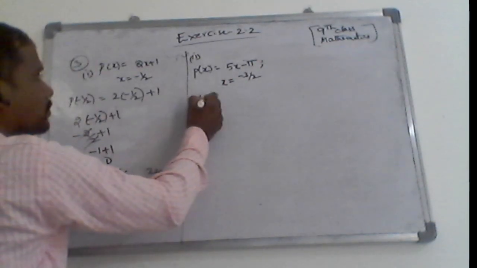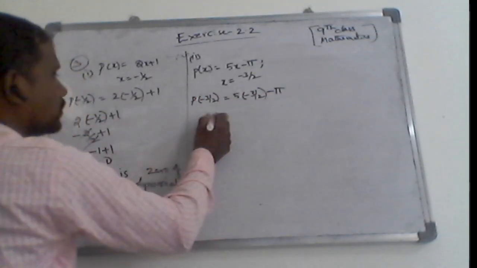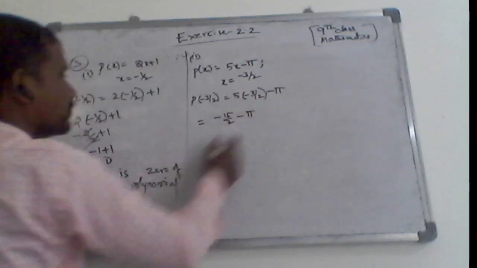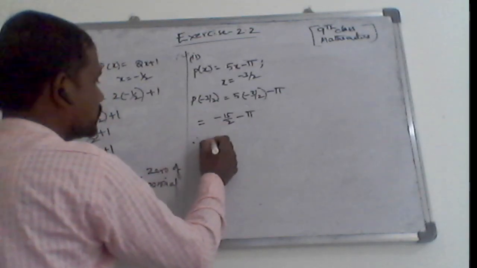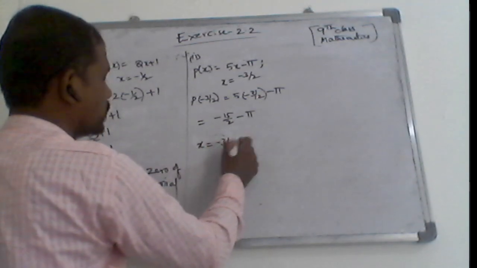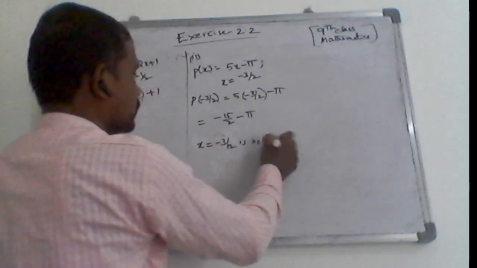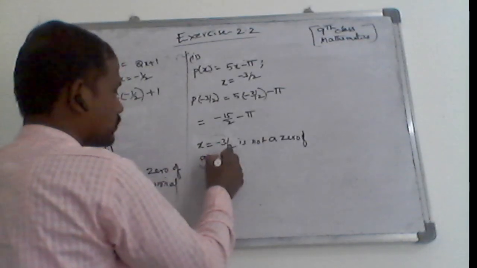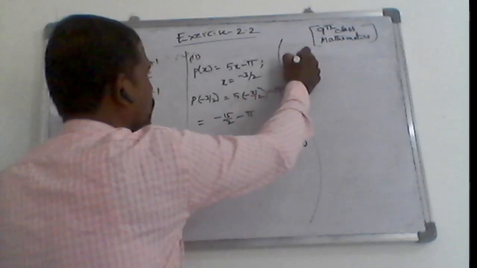So P of minus 3 by 2 equal to 5 of minus 3 by 2 minus 5, equal to minus 15 by 2 minus 5. Therefore x equal to minus 3 by 2 is not a zero of the given polynomial.